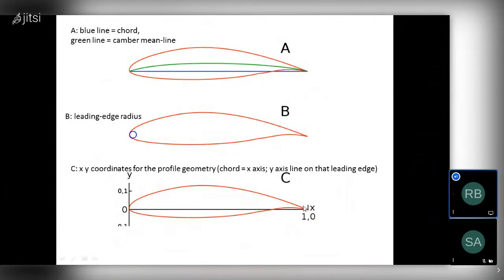So here you can non-dimensionalize your chord with respect to x and y coordinates, and you can measure your maximum thickness, maximum camber, and the location of your maximum camber from the leading edge.